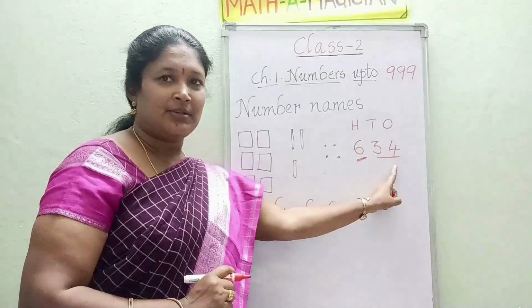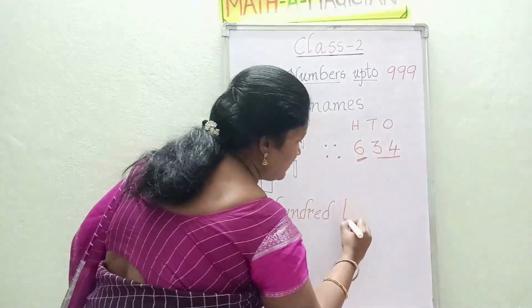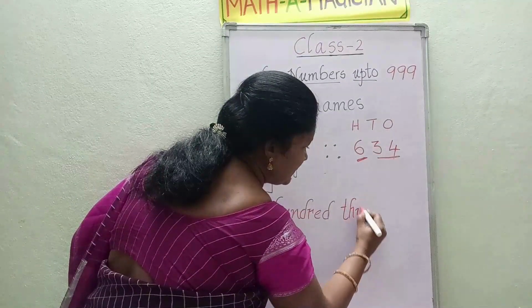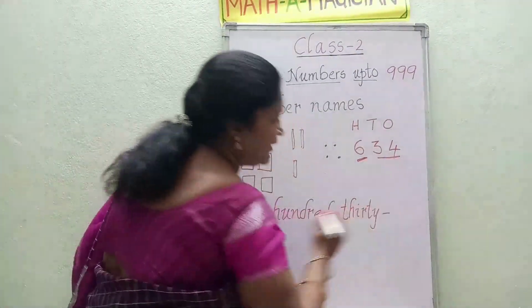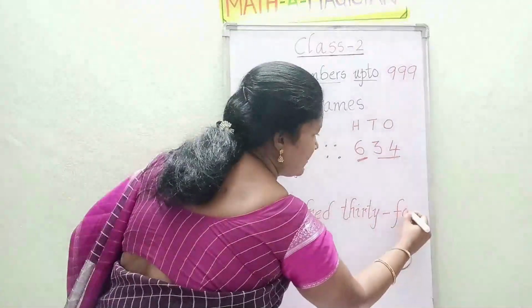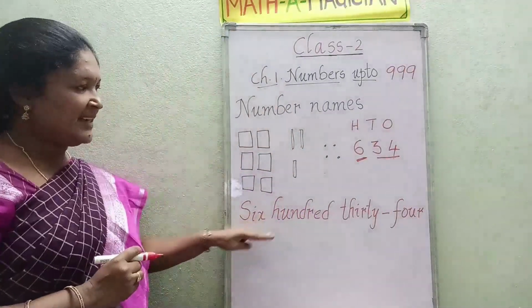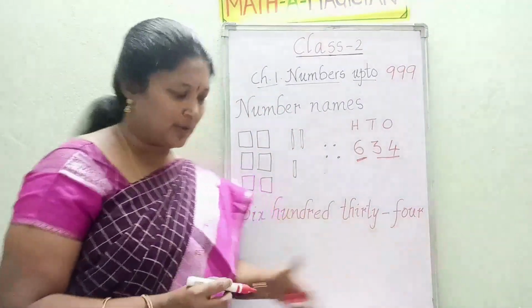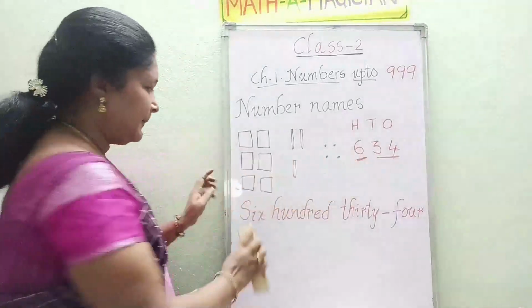Tens and ones together we should write 34. THIRTY, and put a hyphen, FOUR. This is the number name of this number.